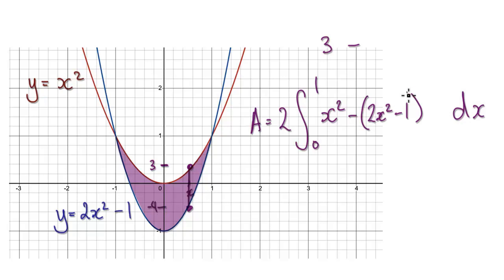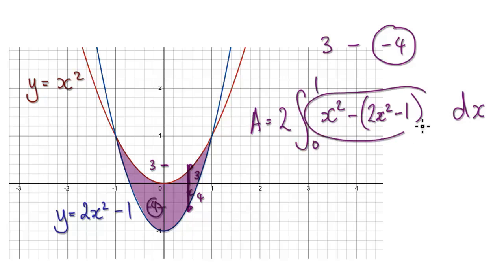So you can see that 3 take away a negative number would be 3 plus 4, giving you a height of 7. So this is actually correct. If you blindly just follow this, it will give you the height in between the two. So you're summing up all the heights here from 0 to 1.